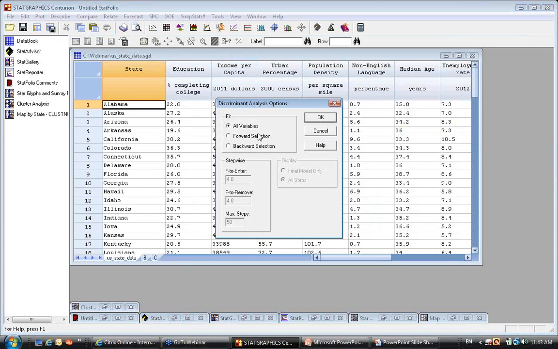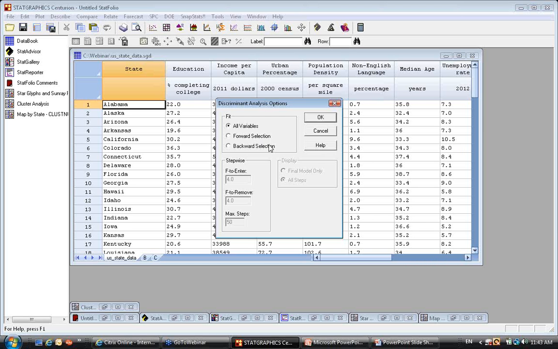There's a forward selection, where basically I bring variables in one at a time until bringing in any other variables isn't helpful anymore. And there's also backward selection, where I start with all my variables and I throw them out one at a time if they're not statistically significant, till I get down to a group of variables that are statistically significant. Very similar to the stepwise regression that we have in the multiple regression procedure.